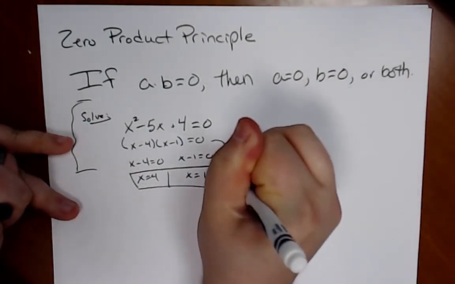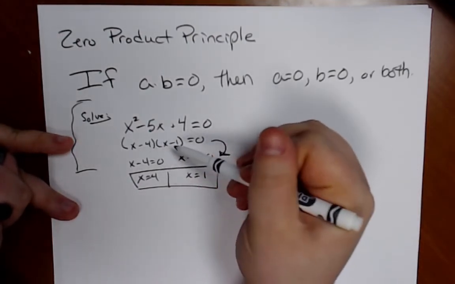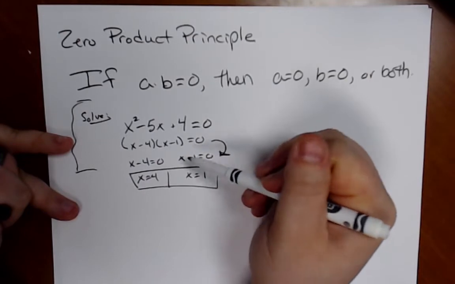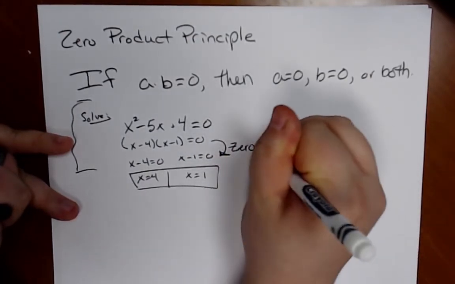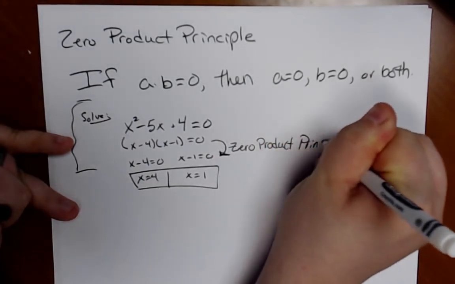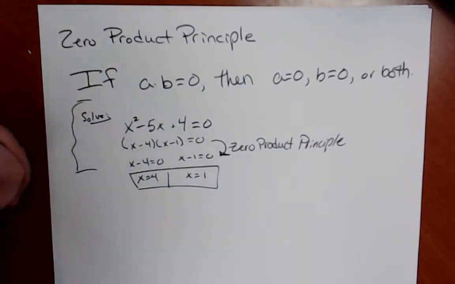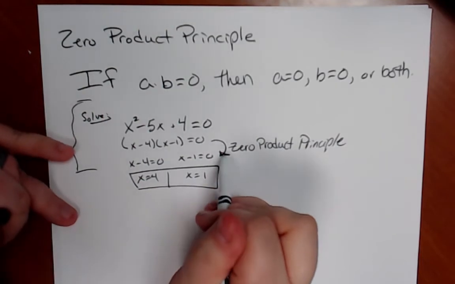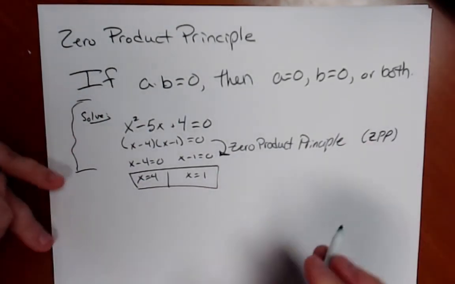From this step to this step, and you may have never been told this, but to go from x minus 4 times x minus 1 equals 0 to this step, you're using the zero product principle. And so in my algebra and pre-calculus classes, I'm always very particular about saying we're using the ZPP, because I'm too lazy to say zero product principle every time.